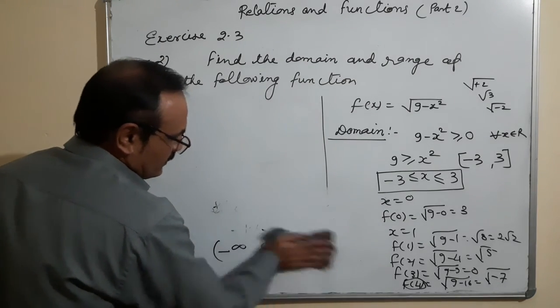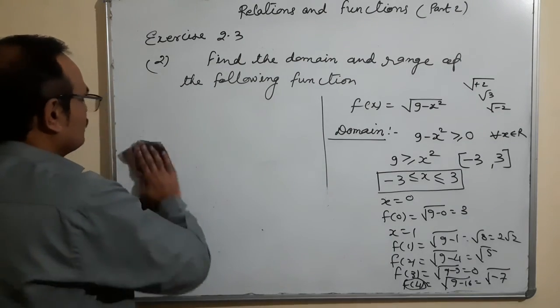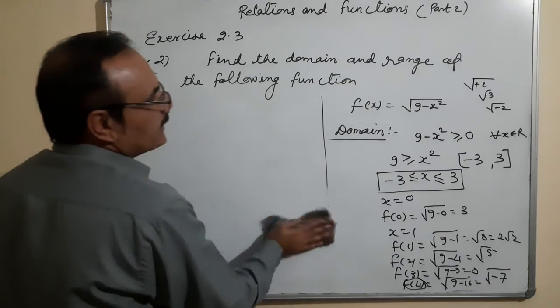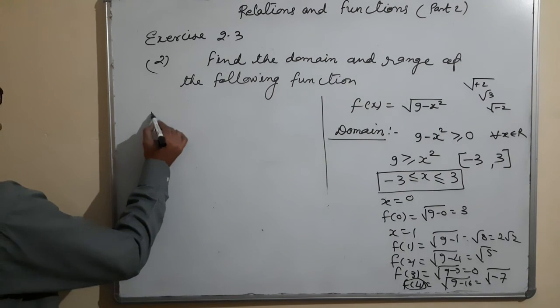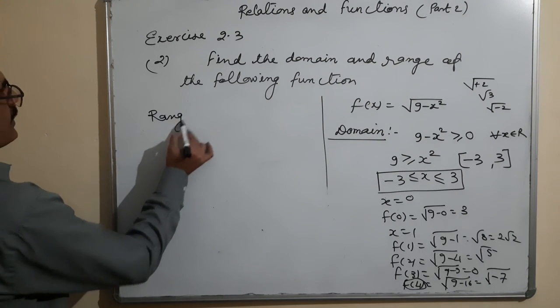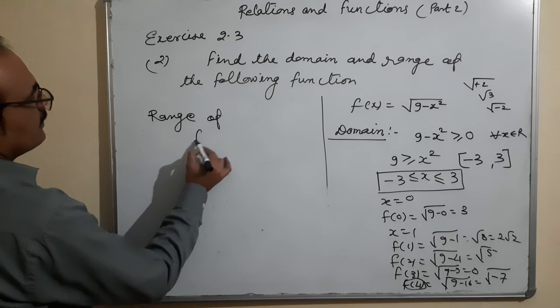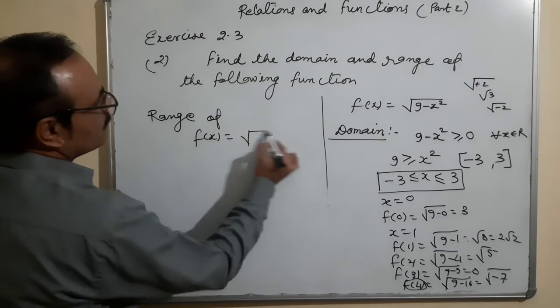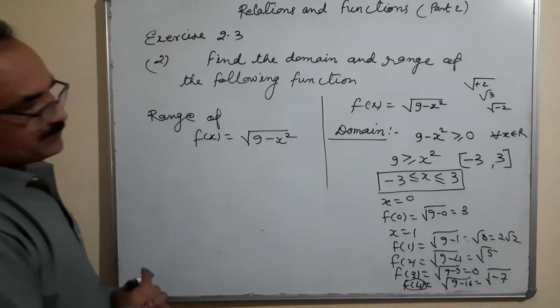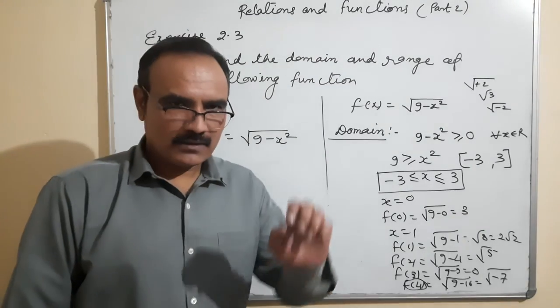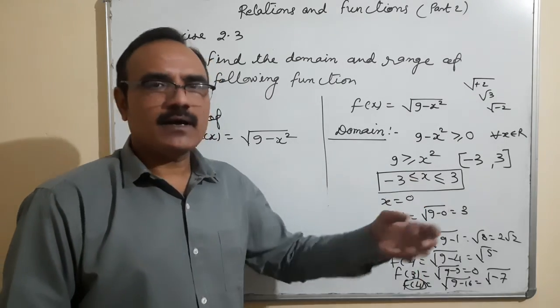Now we are coming to find the range of it. The range of f of x equal to under root 9 minus x square. What is the range? Again, the same thing: input, domain, output.